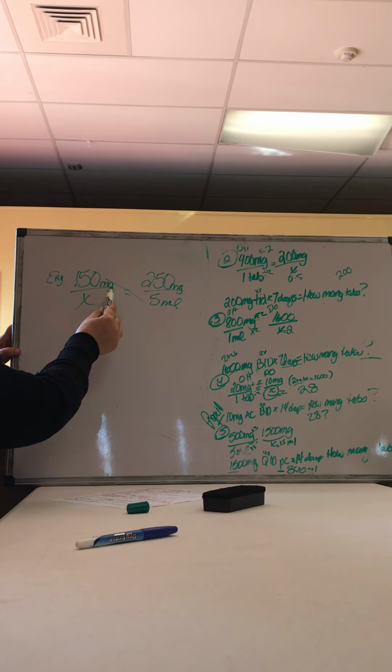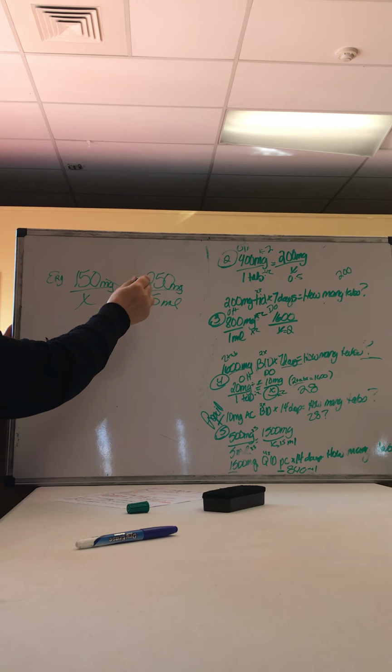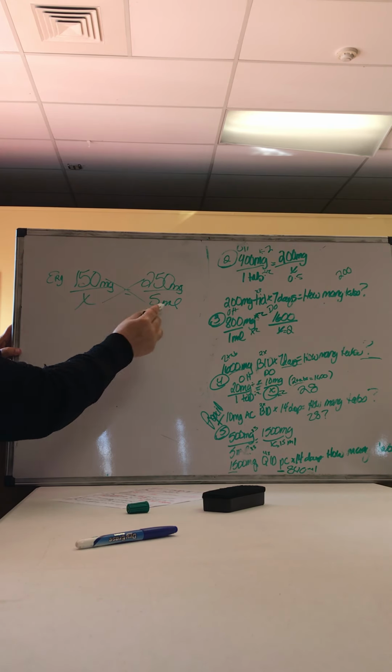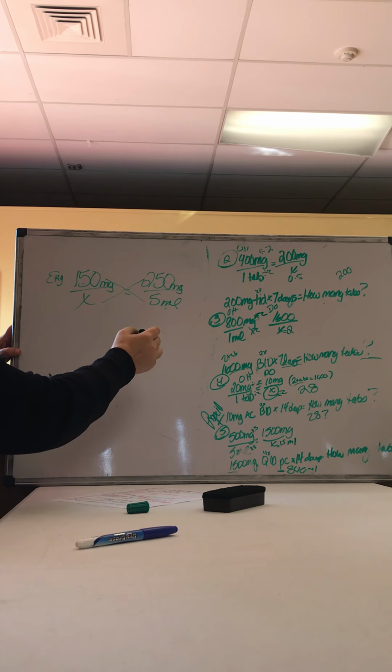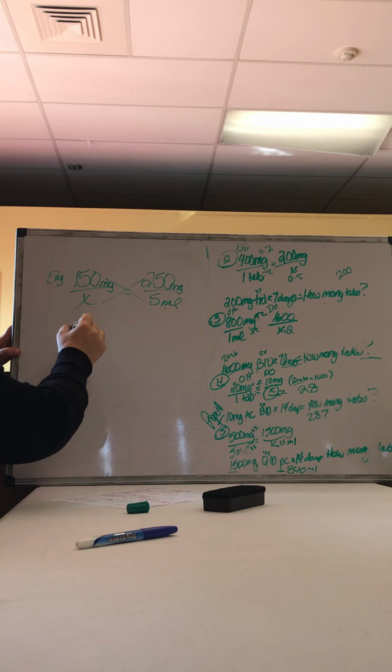So 150 milligrams to 250. We got to get there, but in order to do that, we got to cross multiply. So 150 times 5 is what? 750.